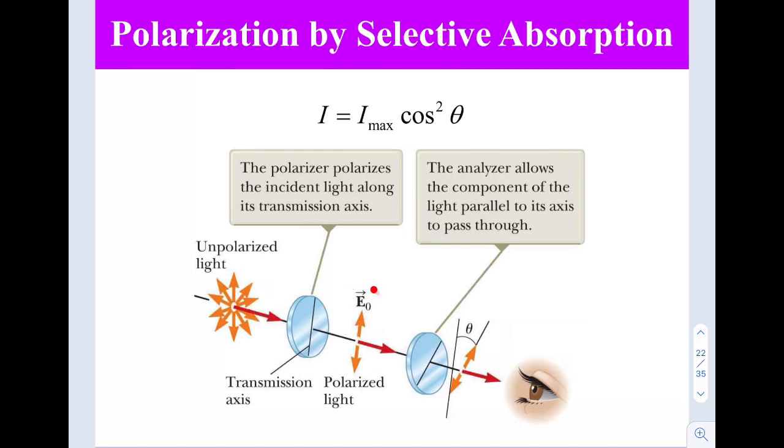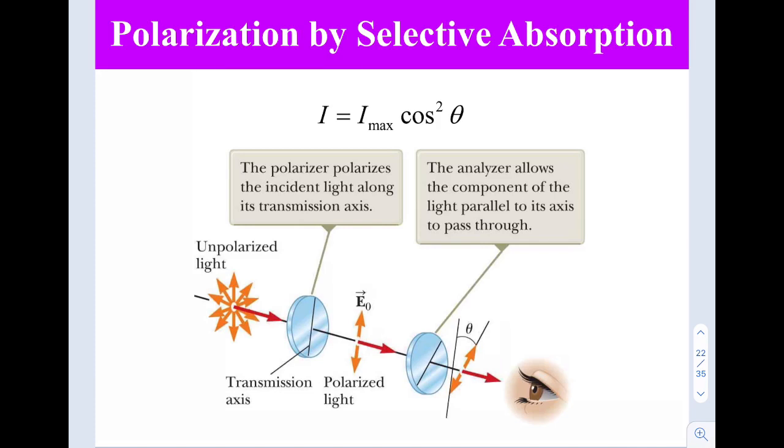This means the E naught that is allowed to pass through is the component E naught cos theta, which only can pass through the analyzer.